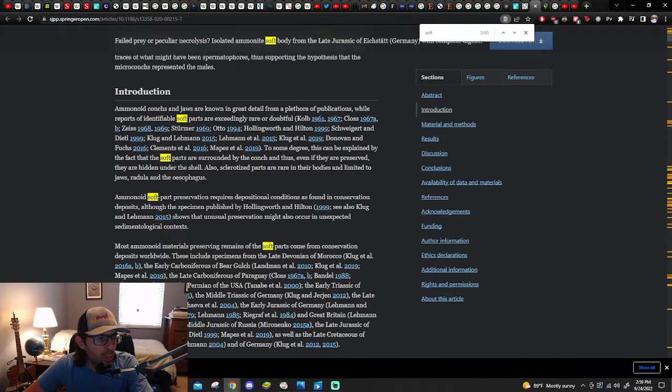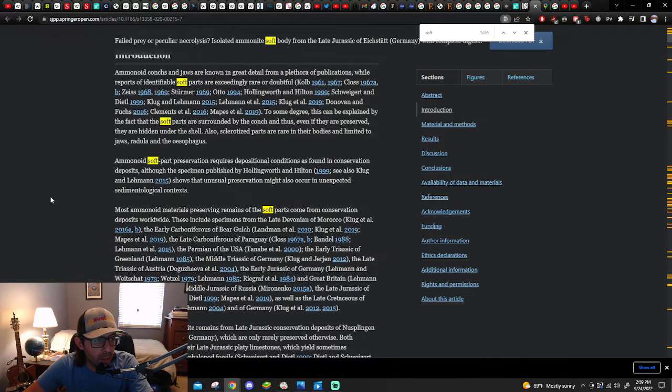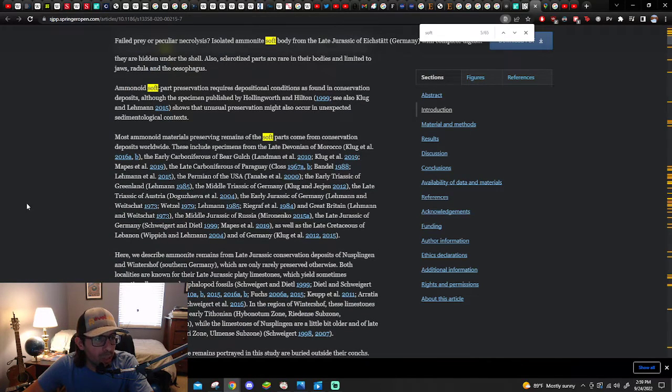Ammonoid soft part preservation requires depositional conditions as found in conservation deposits, although unusual preservation might also occur in unexpected sedimentological contexts, by Hollingworth and Hilton, also Klug and Lehmann. Most ammonoid materials preserving remains of the soft parts come from conservation deposits worldwide.